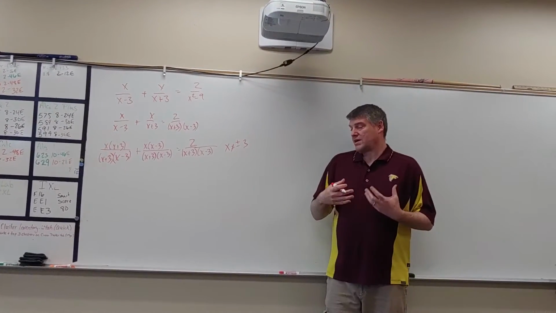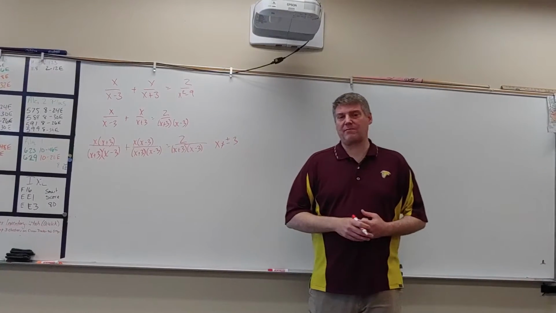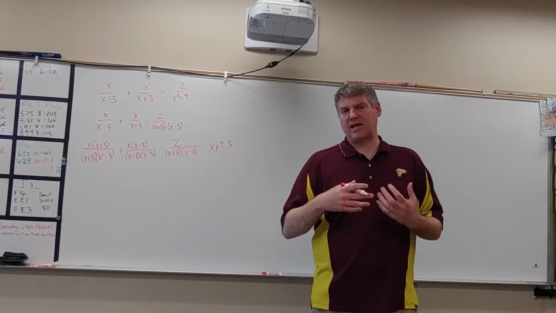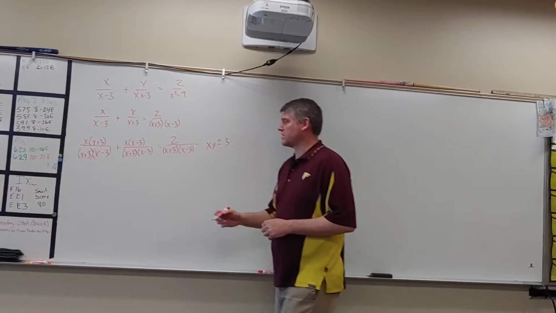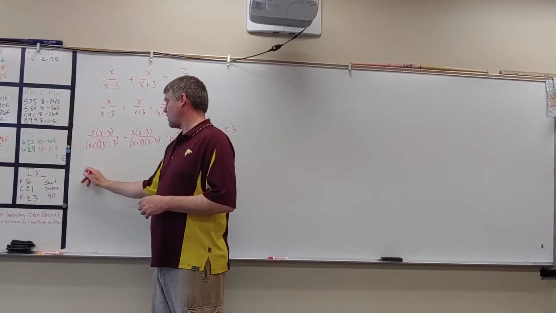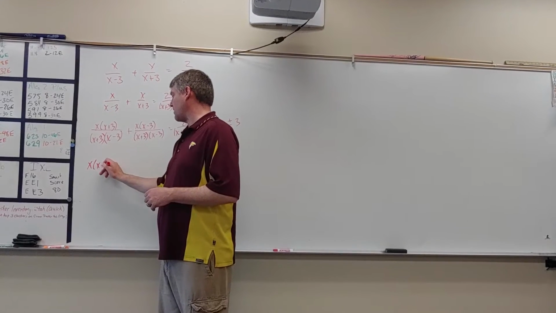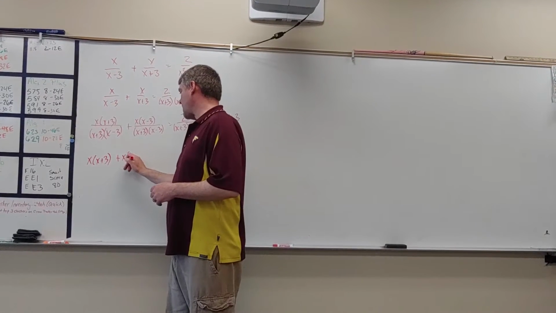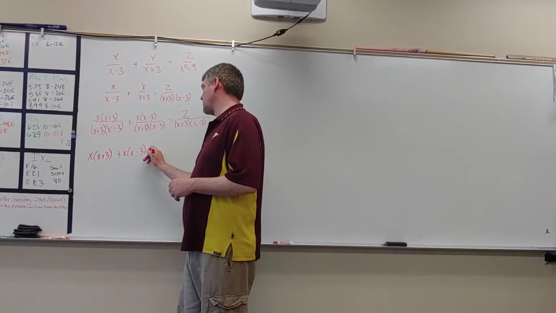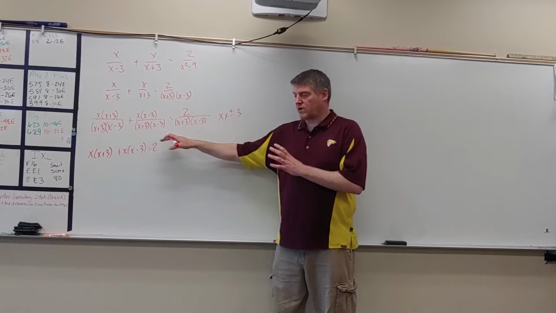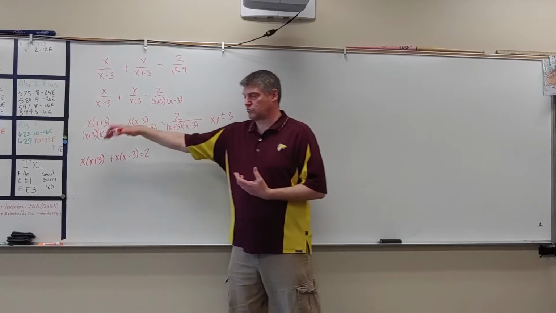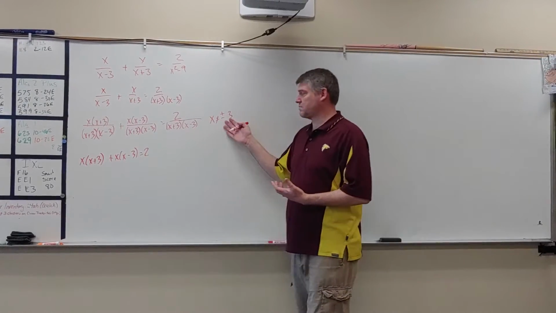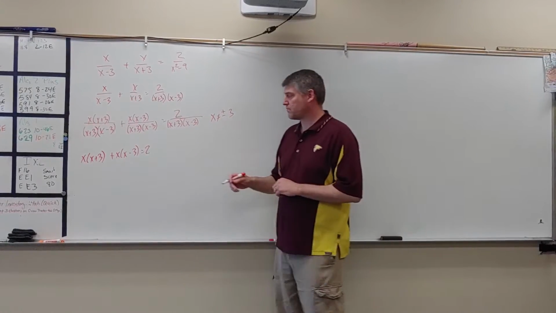Now that I have a common denominator, the nice thing is I can kind of ignore it and just work on the top, the numerator. I'd actually multiply everything by x plus 3 times x minus 3, so those would all cancel out anyway. I just need to make sure I have my domain restrictions.